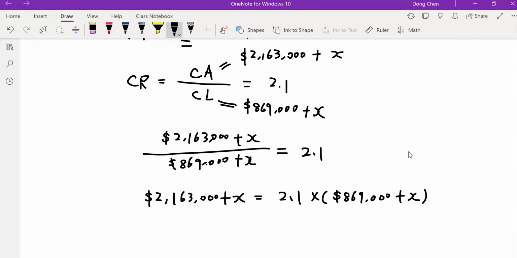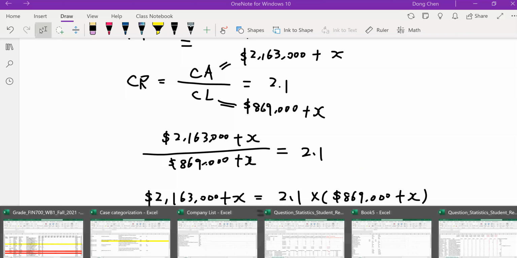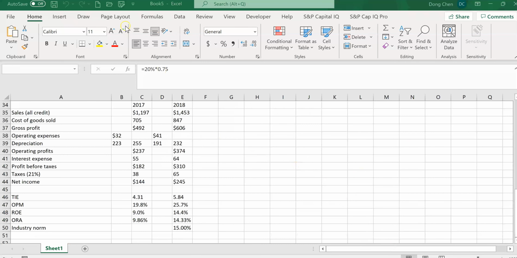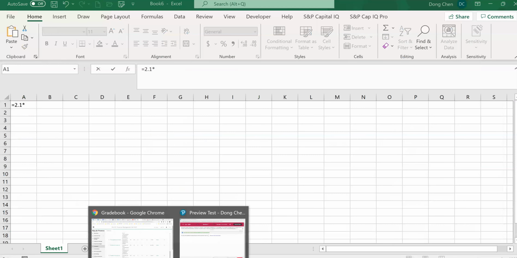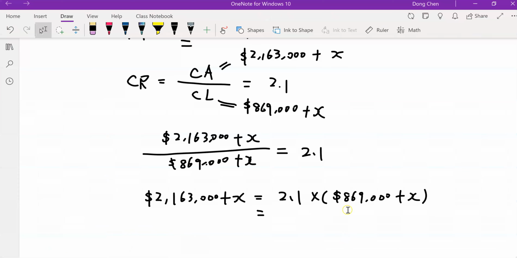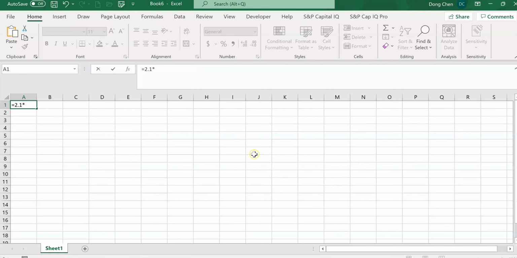And then the right-hand side can further be written as, if I open a new sheet as my calculator, 2.1 times 869,000.